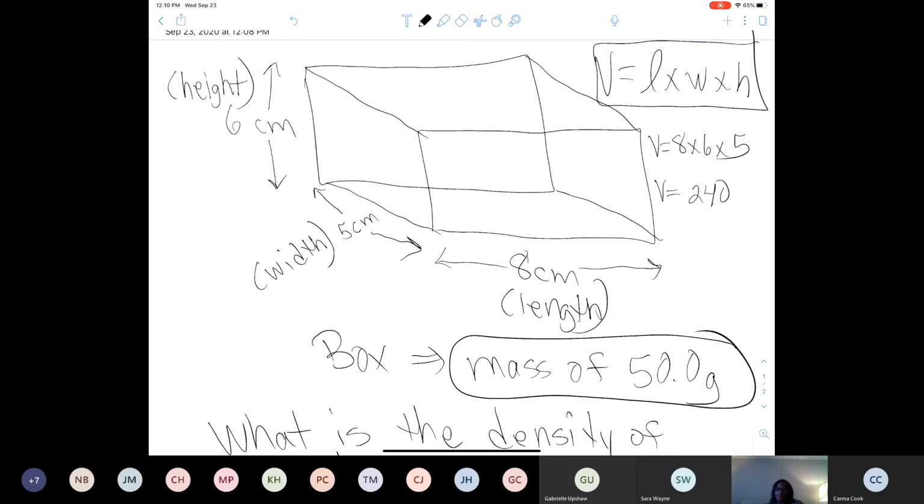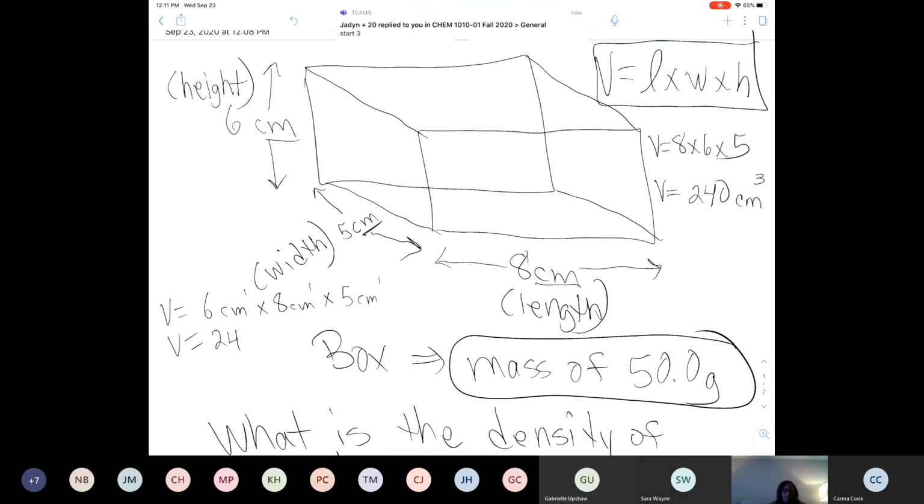Now each dimension is in centimeters, so my units would be centimeters cubed. When I did my multiplying, 6 centimeters, and each centimeter is to the first power, times 8 centimeters, times 5 centimeters, our math rule tells us that when we multiply we add exponents.